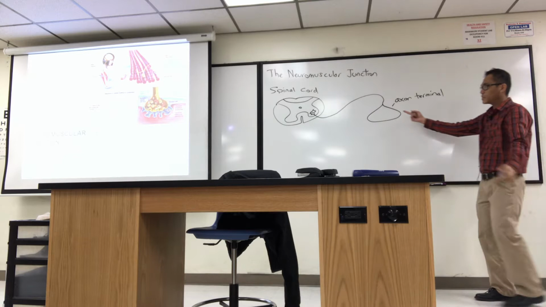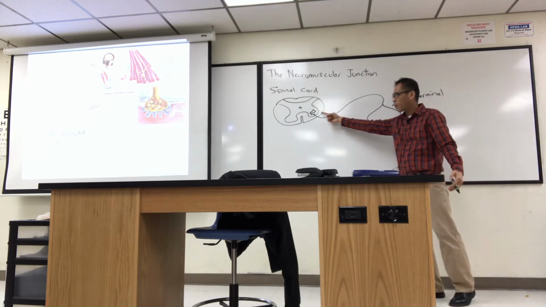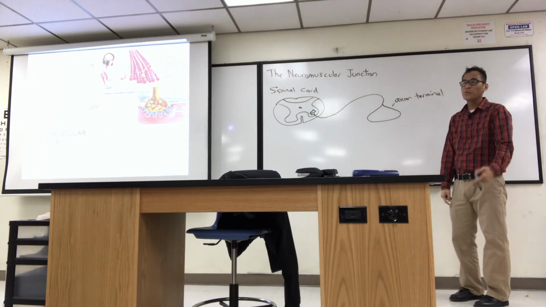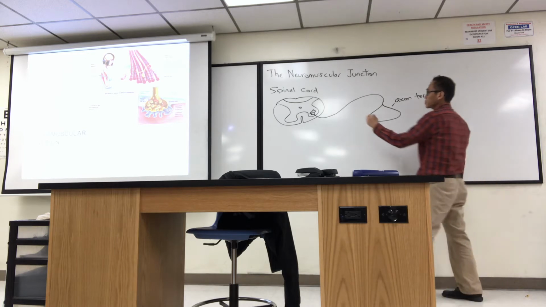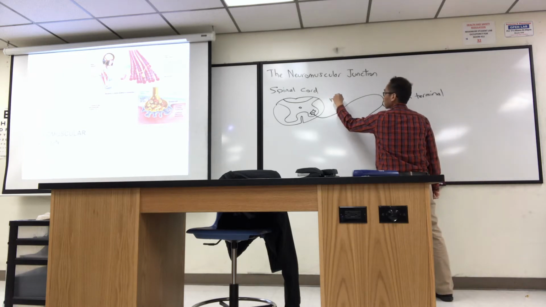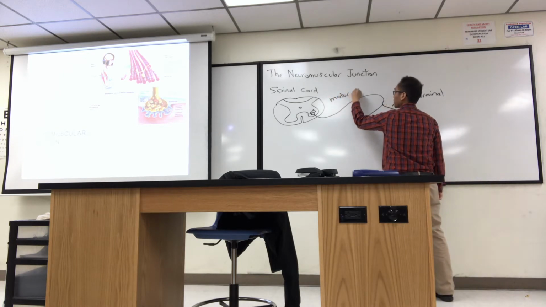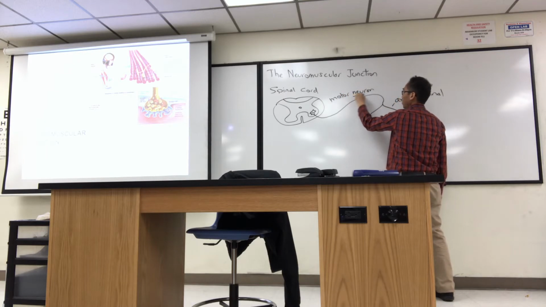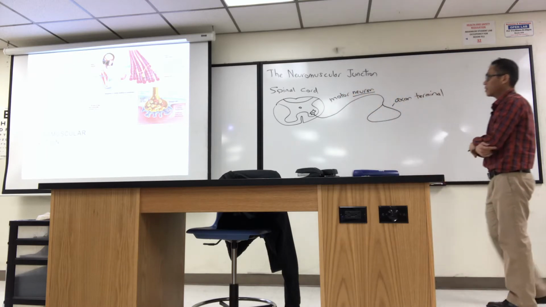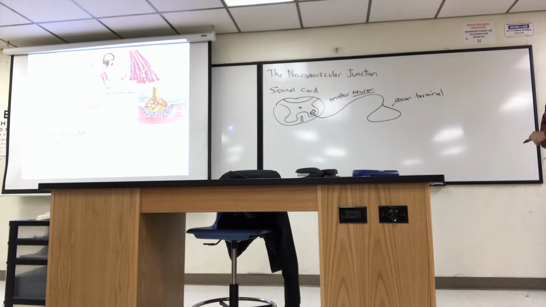The name of this cell that starts in the spinal cord there is called a motor neuron. Neuron describes the cell type. It's the major cell of communication in the nervous system, which we'll talk about. Motor is a function. A motor function means you command your muscles to move, in this example.